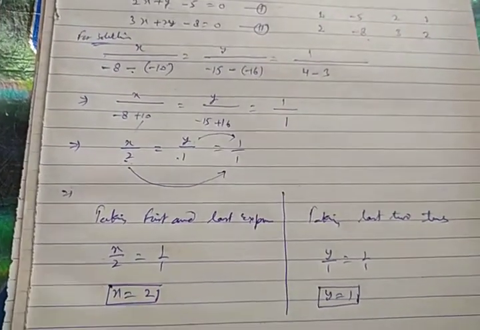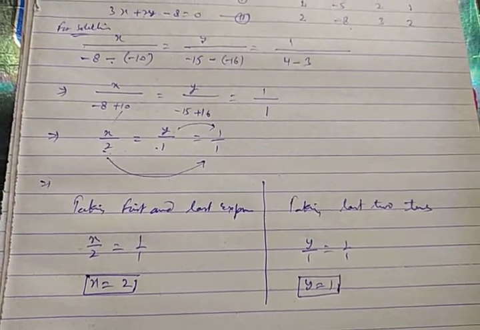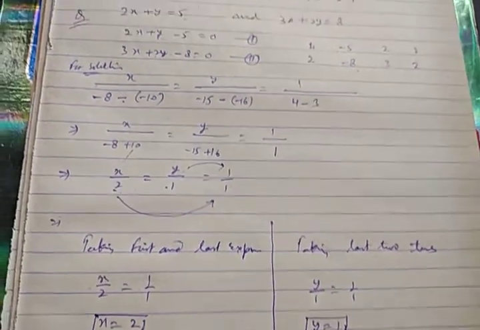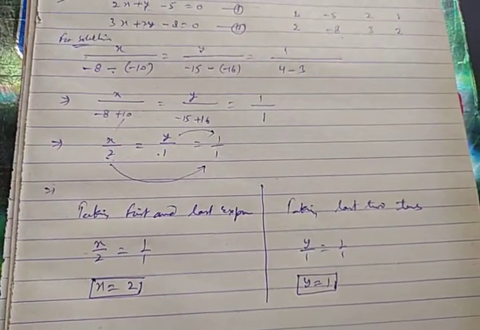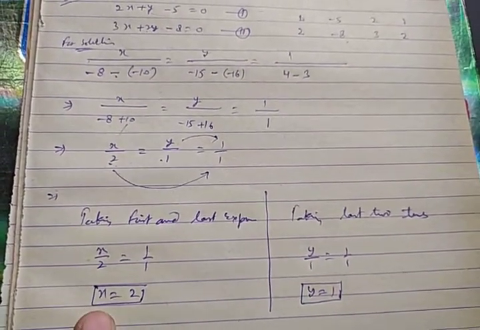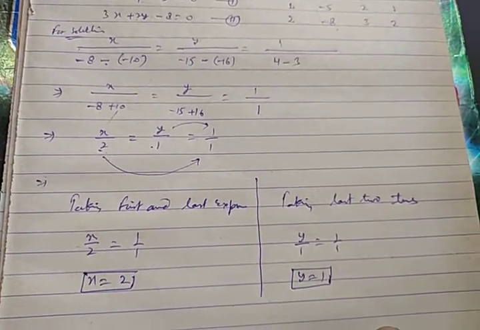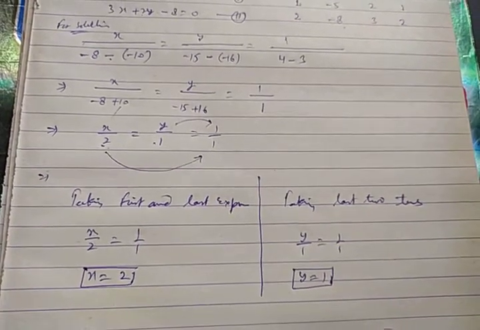Now we have discussed three methods. One was by substitution, the second was by elimination method, and this is by cross multiplication method. Whatever method you apply on any of the equations, you will get the same values, meaning the solution will remain unique, it will not change whether you change the method.